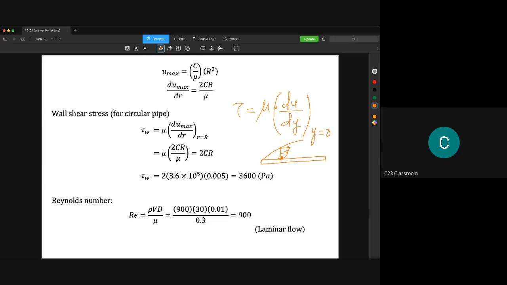But for this situation, we have a circular pipe like this, and at r equal to 0 it is the maximum velocity. The maximum shear stress occurs at the wall of the pipe. So here the value is small r equal to capital R.